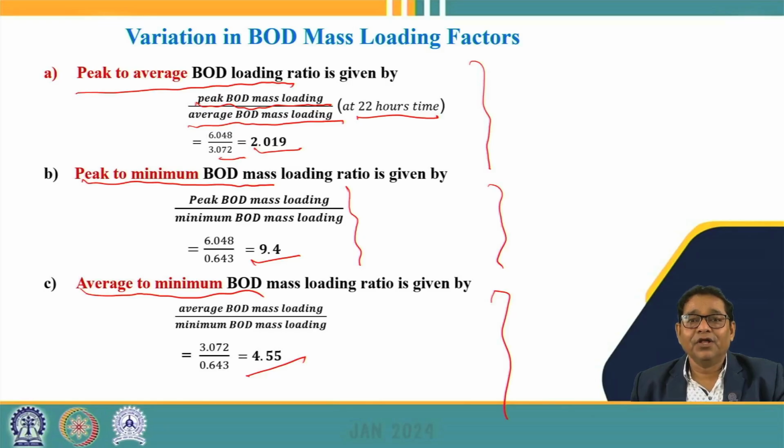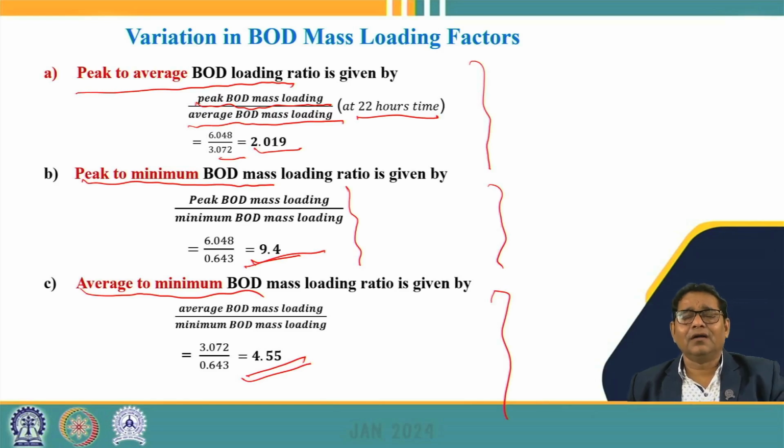So if we analyze that, we see that the peak loading rate becomes around 2 times higher than the average mass loading rate. If we compare with the minimum loading rate, it is around 9 to 10 times, that is 9.4 times. Similarly, the average to minimum BOD mass loading rate comes around 5 times.